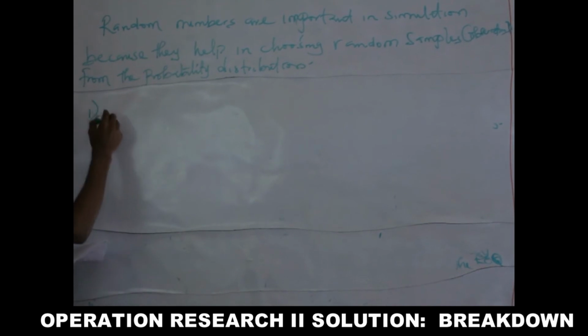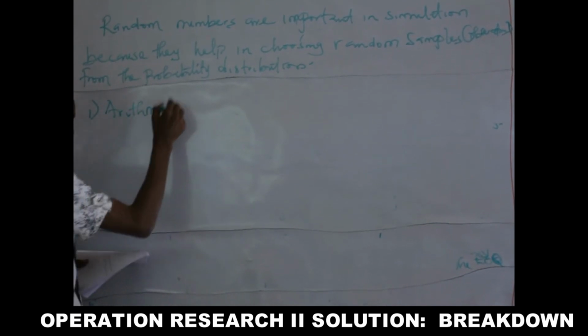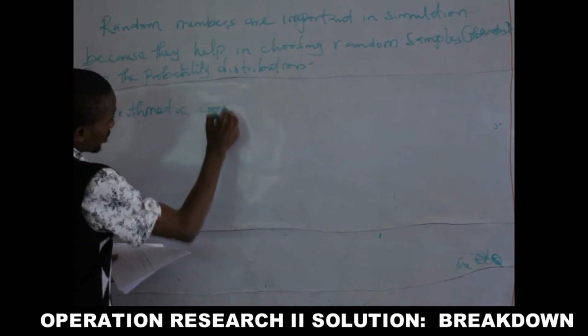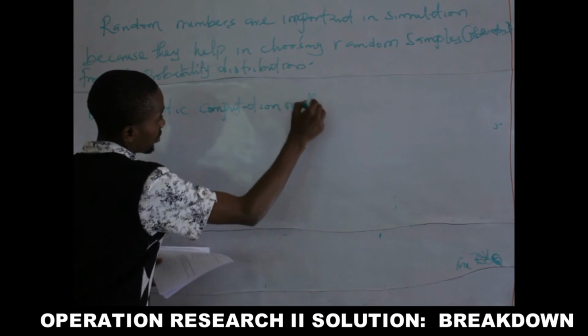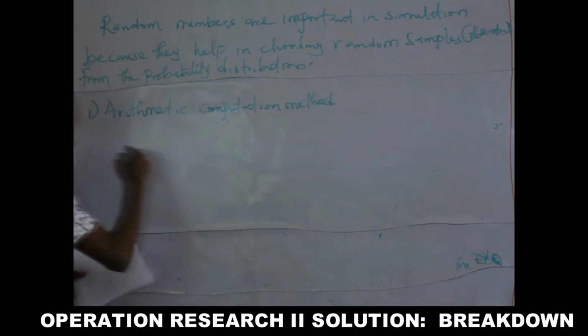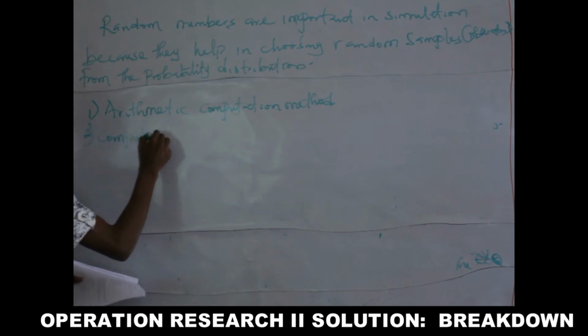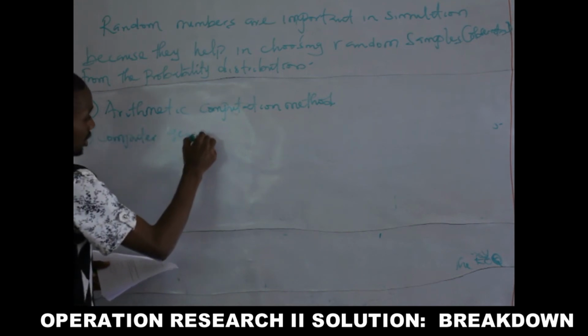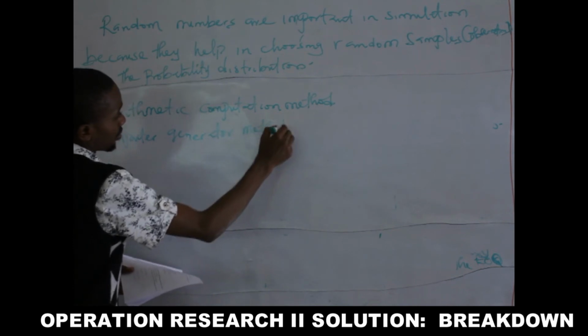The first one is the arithmetic computation method. Then the second one is the computer generator method.